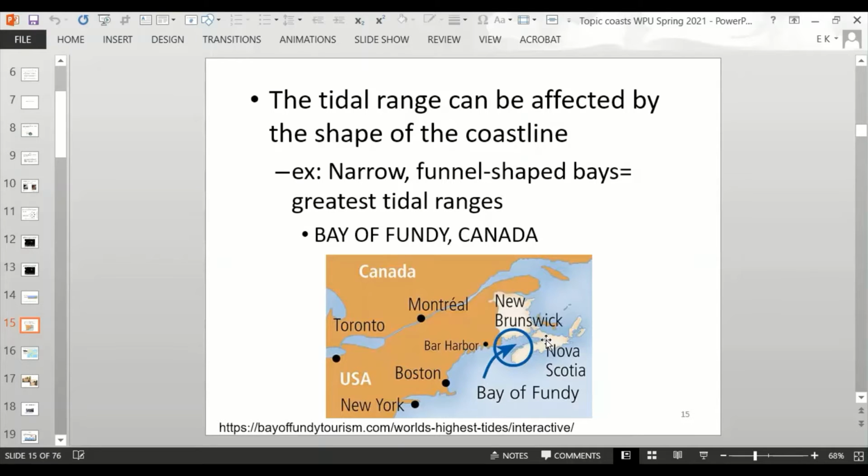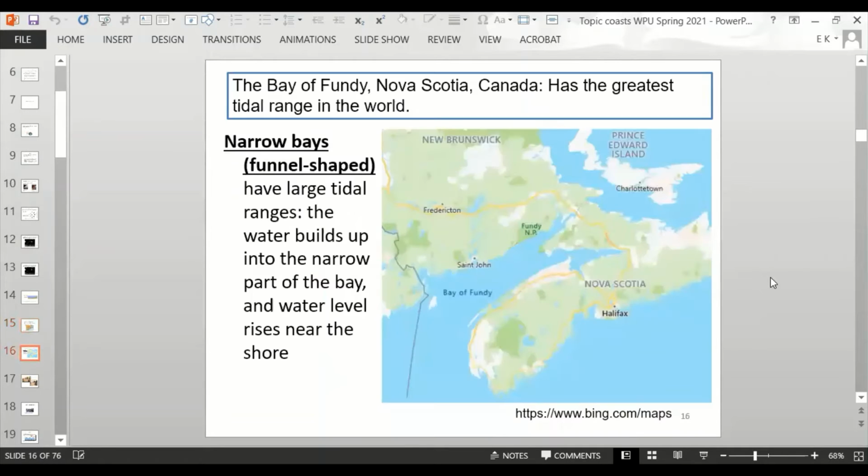Okay, it's a funnel, narrow shaped bay. So the water kind of piles up during high tide into the narrow parts of the bay.